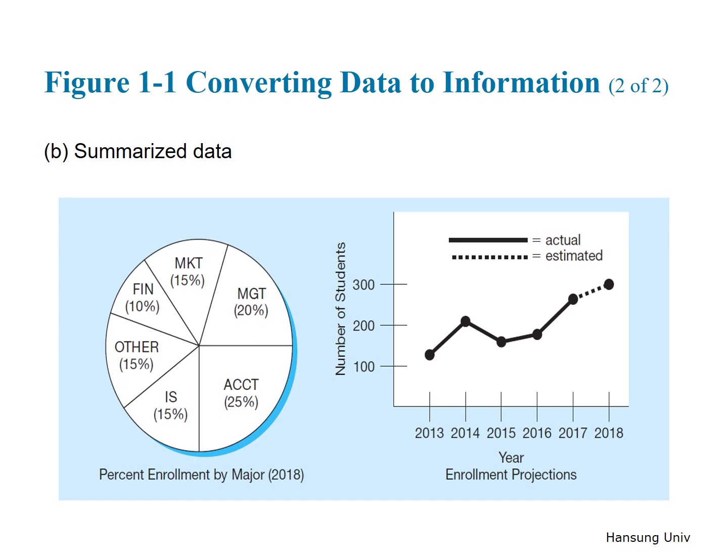And then you can see there is also another graph, some kind of prediction graph. So we can estimate the number of students. So this is the enrollment projection graph. Here are the summaries of the data in graphical form.